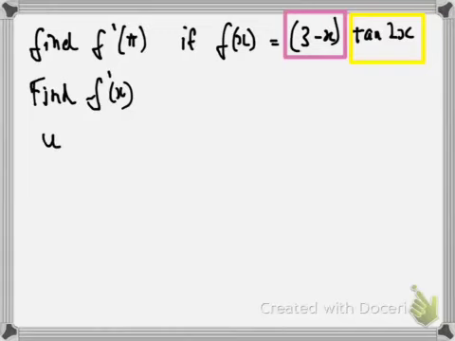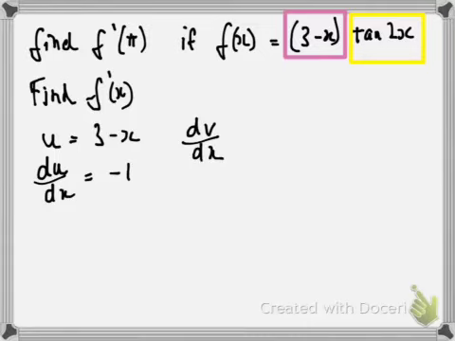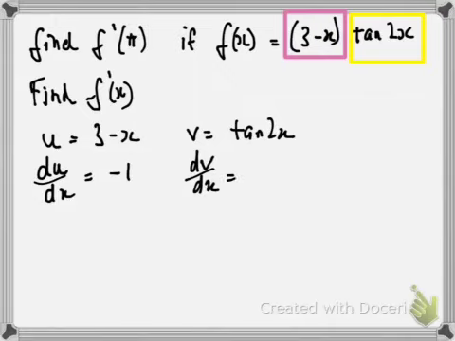So u equals 3 minus x, therefore du dx equals negative 1. v equals tan 2x, therefore dv dx equals, now there's a couple of ways of doing this.